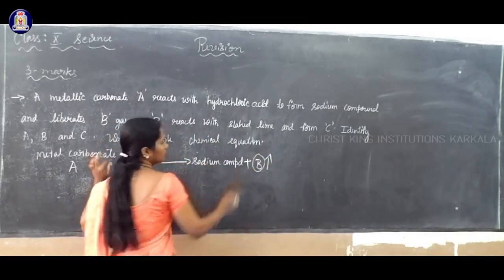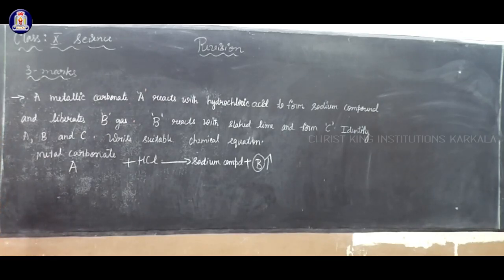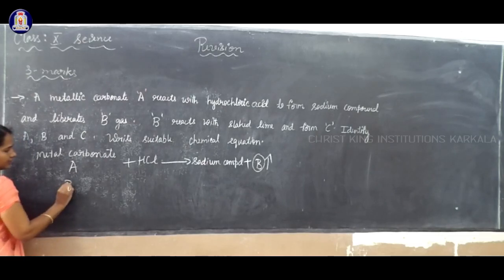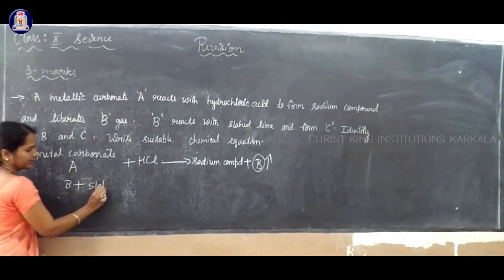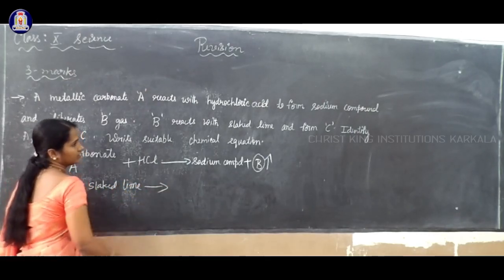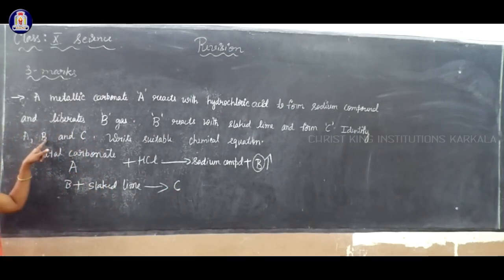We get a compound B, which is a gas. That B gas which is liberated reacts with slaked lime. Slaked lime means calcium hydroxide. We get one more compound C. Identify A, B, C.